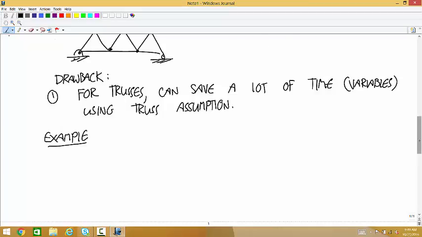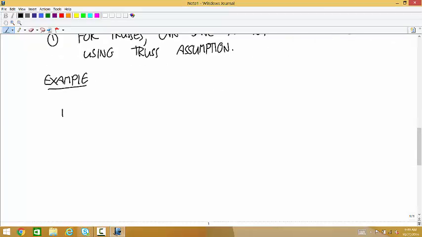All right. So let's say we have this. The structure is a 45, 45, 90 triangle. And all the connections are pin joints.